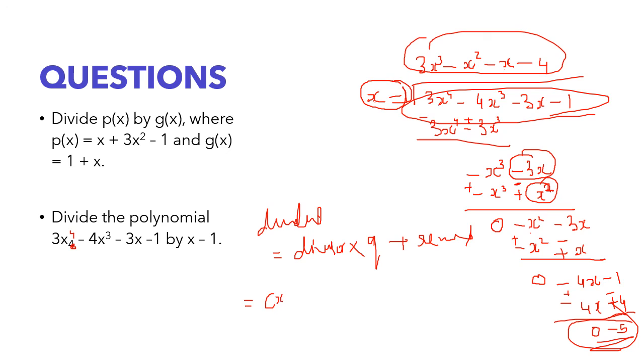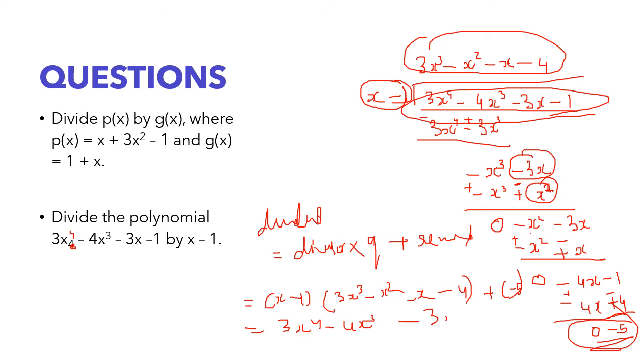Same thing: x minus 1 into 3x cube minus x square minus x minus 4, plus minus 5, will be giving me this value, that is 3x to the power 4 minus 4x cube minus 3x minus 1.